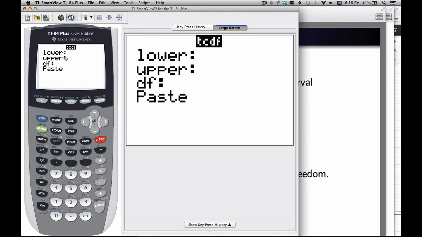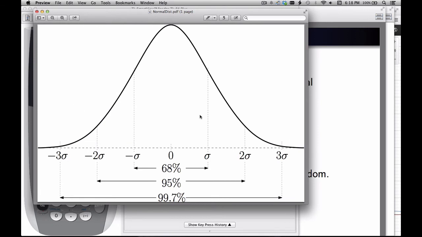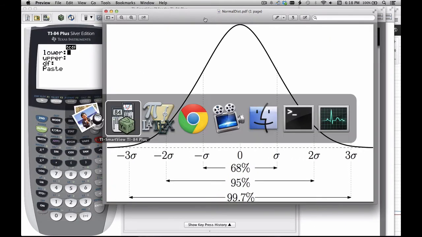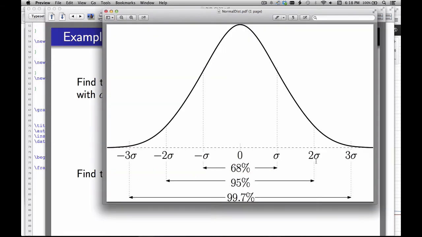So it's asking me for a lower and an upper bound, and then the degrees of freedom. Now, this is not a T model right here, it's a normal model, but they look almost the same anyways. Now, the lower bound here, if we think about what we're being asked to do, we want T greater than 2.09. So 2.09 is somewhere around here, and I want T greater than that.